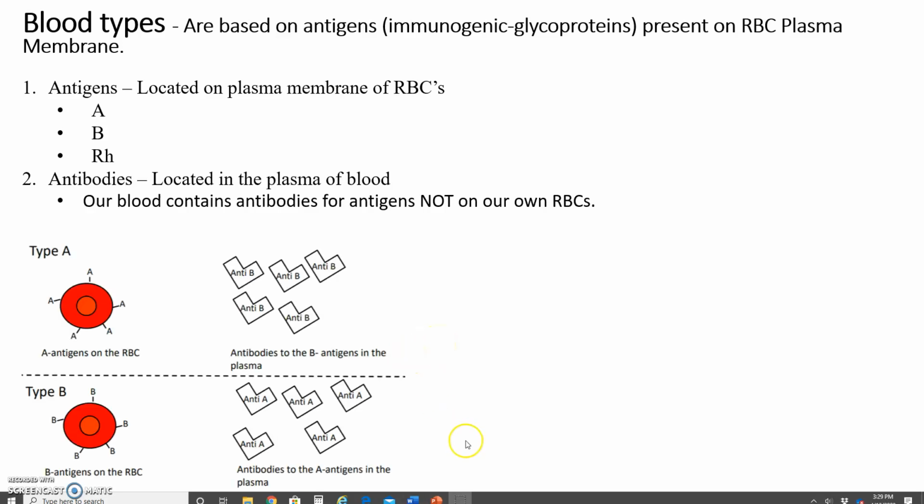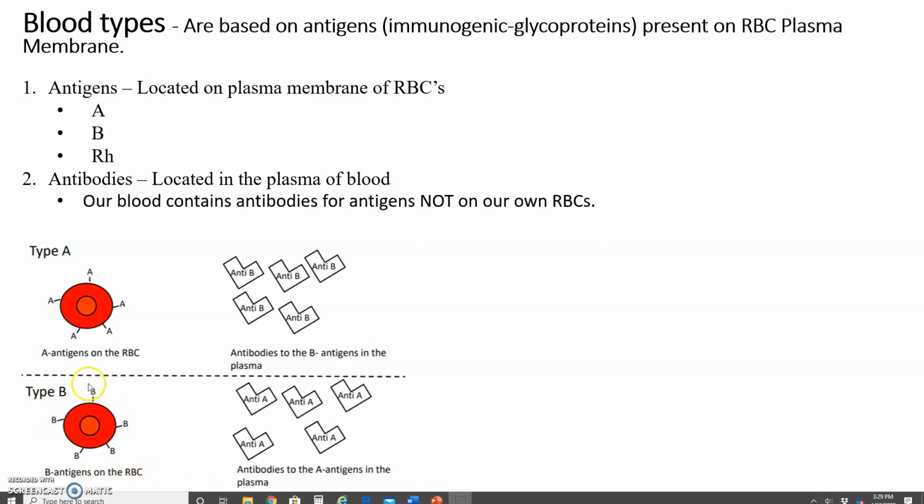So, for example, if you have type A blood, then you have A antigens on your red blood cells, as indicated by these little glycoproteins. But in your plasma, you produce anti-B antibodies. And so if you have A blood and your blood is exposed to type B blood, then these anti-B antibodies would detect the B antigens and cause it to agglutinate.